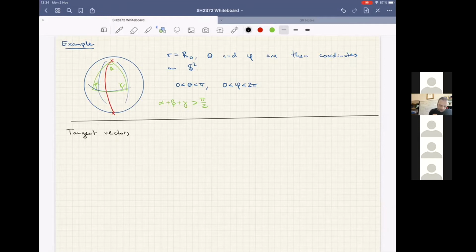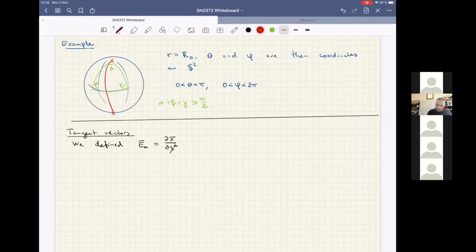so last time we defined this set of tangent bases E_A. We defined that as the derivative of the position vector with respect to the coordinate chi A. Now the problem we have here is that there is no position vector.